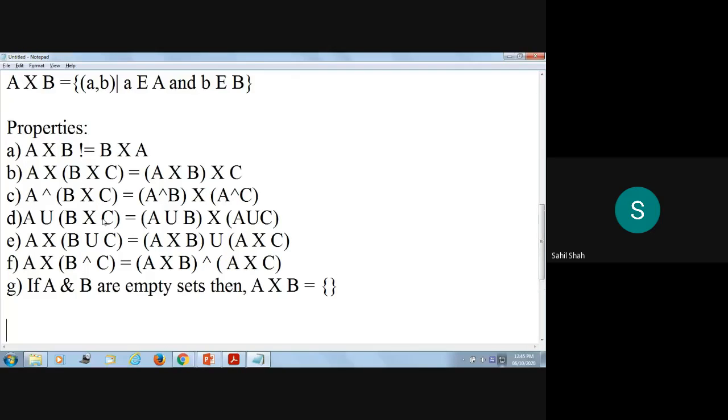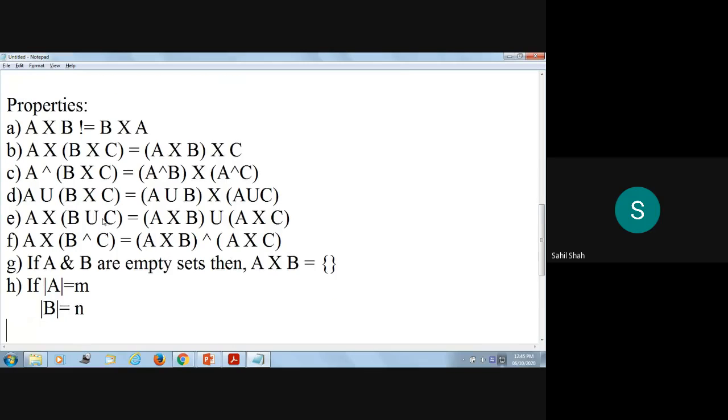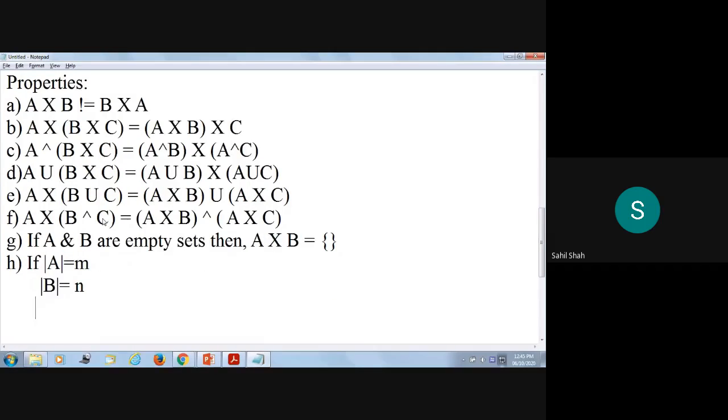Okay. Now I have a question for you. If cardinality of A is equal to m and cardinality of B is equal to n, can you tell me quickly what will be the cardinality of A cross B?